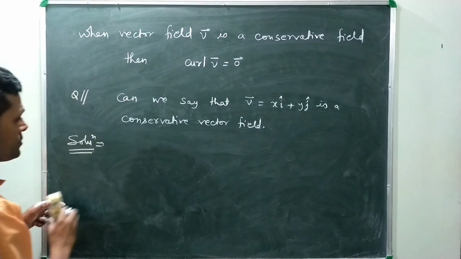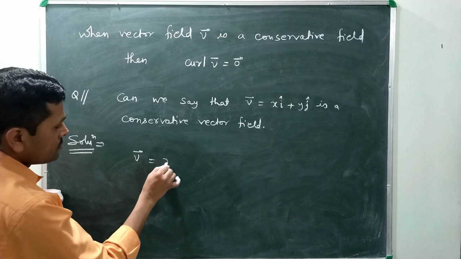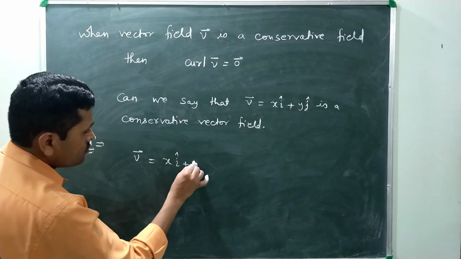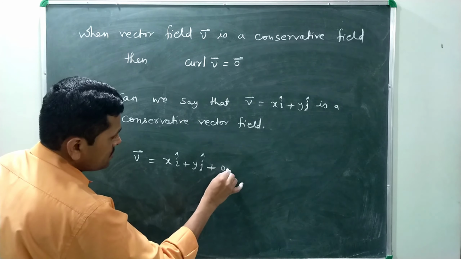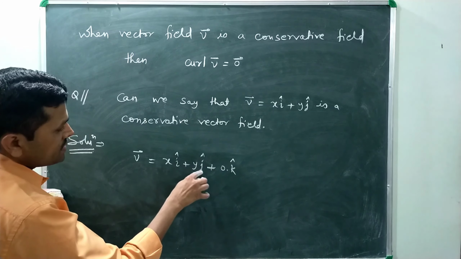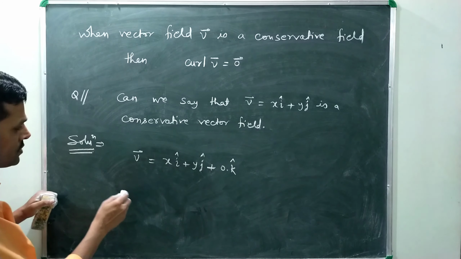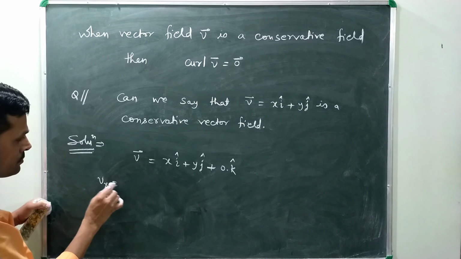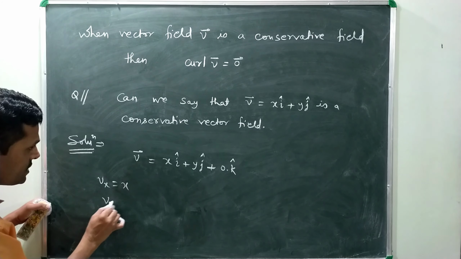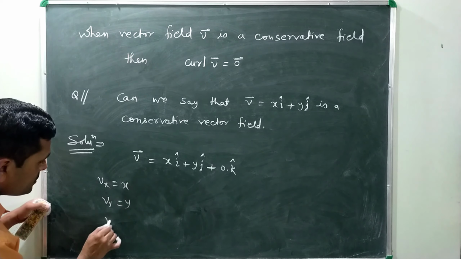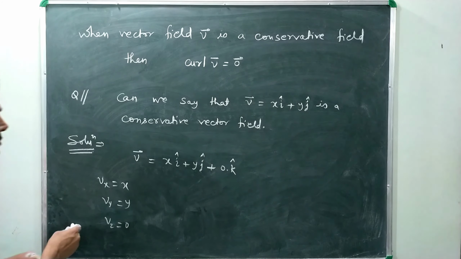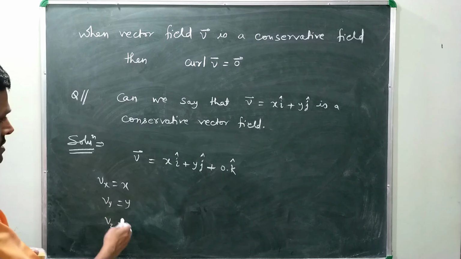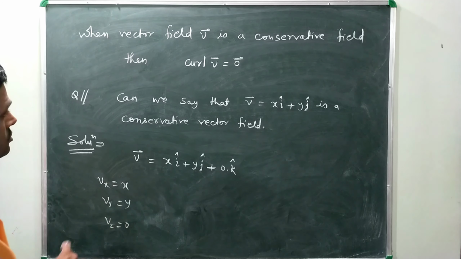Now what is V? Here V is x i cap plus y j cap. So it may be written as x i cap plus y j cap plus 0 k cap, or we can say that Vx is x, Vy is y, and Vz is 0, means the components of the vector along x axis, y axis and z axis are x, y and 0 respectively.